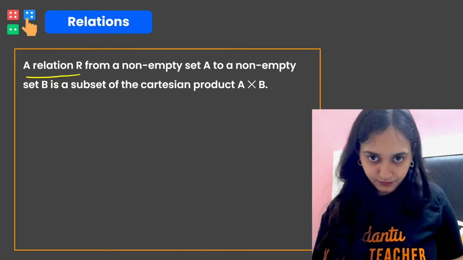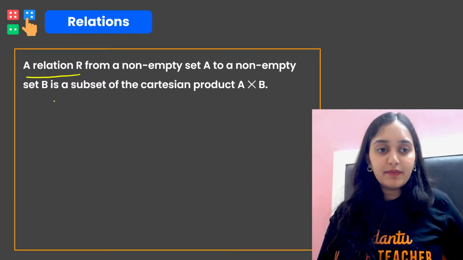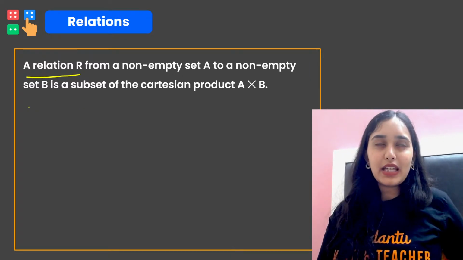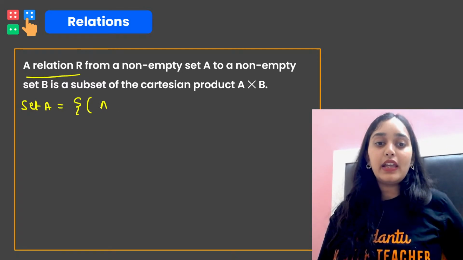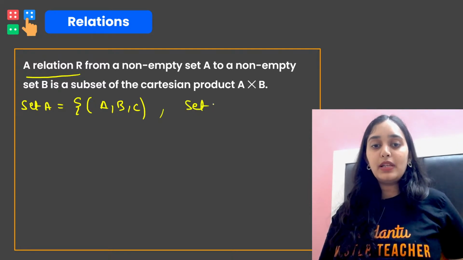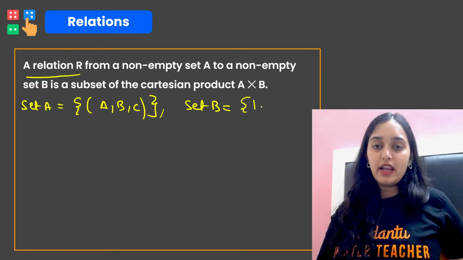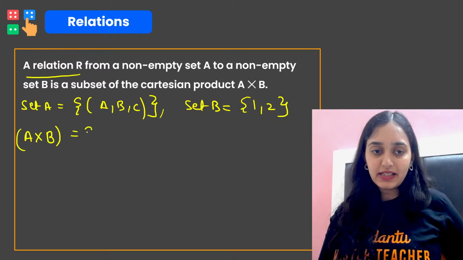Suppose you have two sets, A and B. Let me take the example that set A has elements a, b, c, and set B has elements 1, 2. So, A cross B will have elements.